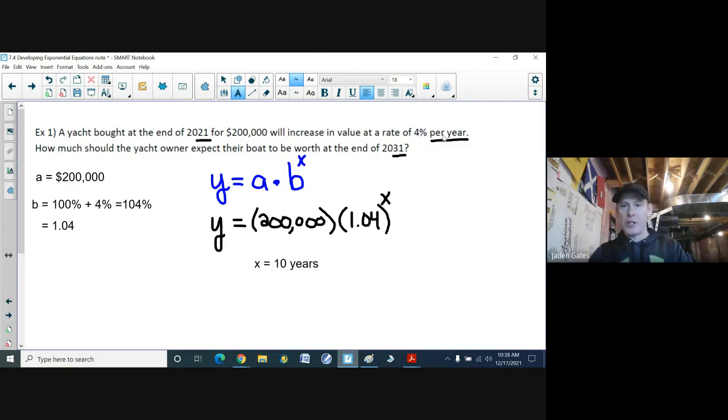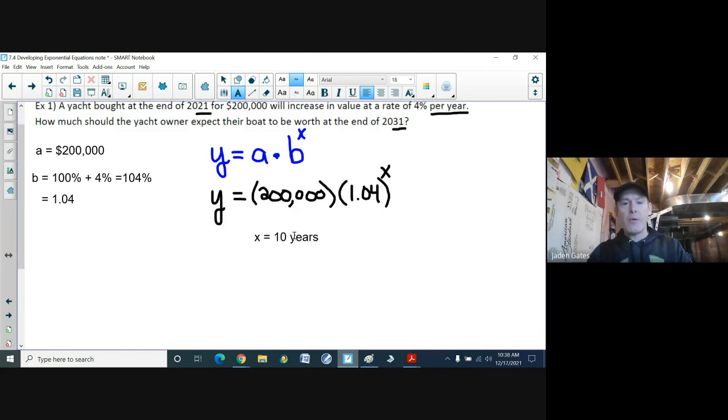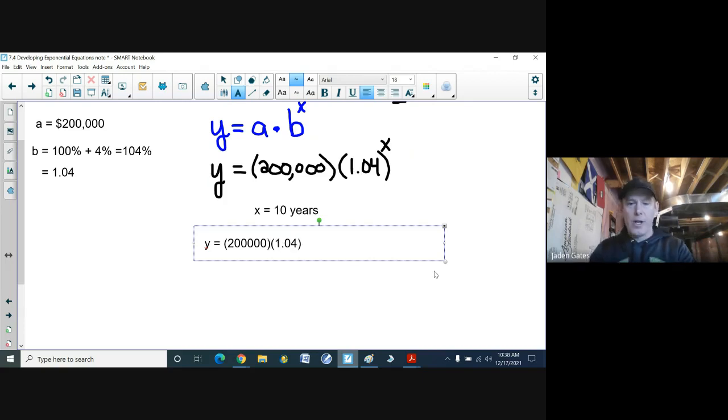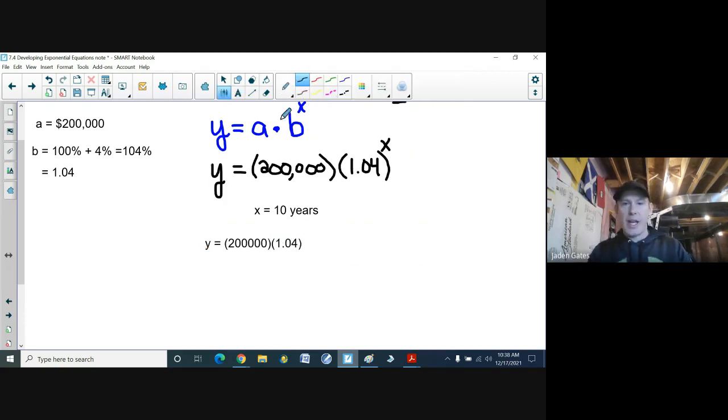Because our percentage is per year, our x has to be in years, which it is. So I'm going to substitute in x equals 10 into my equation. I've got y equals 200,000 still, 1.04, but now we're finding a specific x, and that x is to the power of 10.